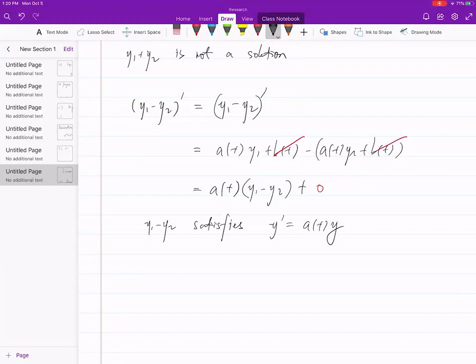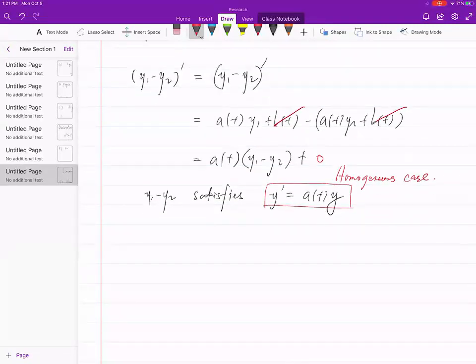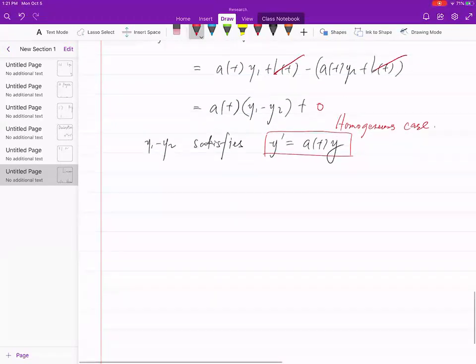okay, and now if you take a look, this is the homogeneous case. Okay, that's the fact we wrote down.